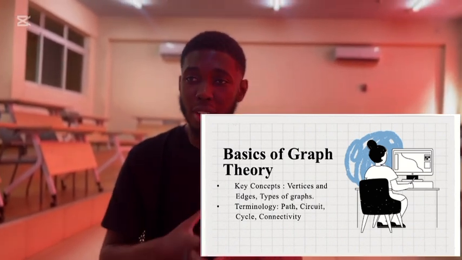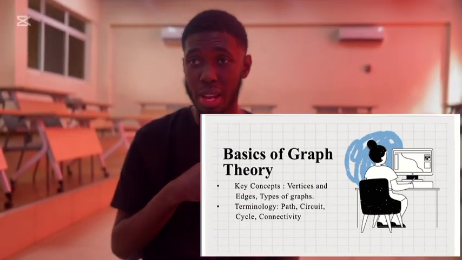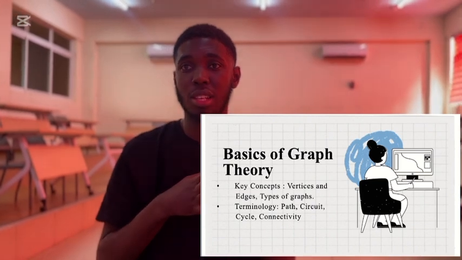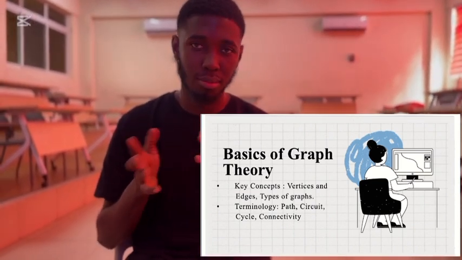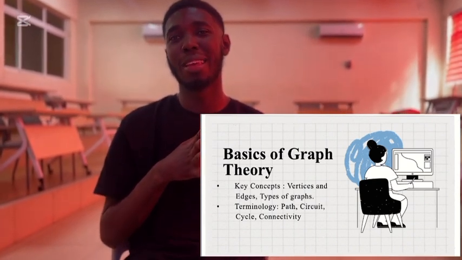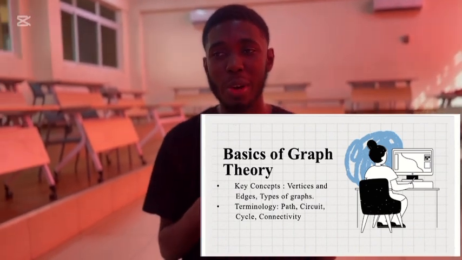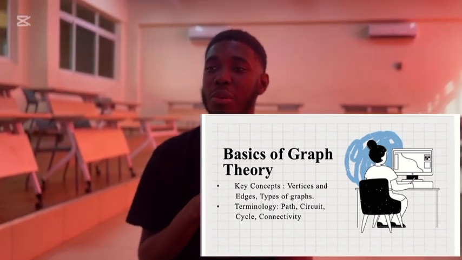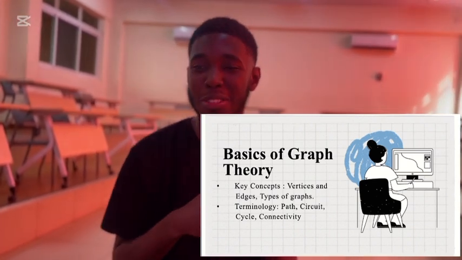Now let's talk about weighted graphs. Here, each edge has a numerical value, such as the strength of the connection or the distance between the nodes. Let's talk about bipartite graphs. These have two sets of vertices where edges only connect vertices from one set to the other, like a network linking users to their pages.